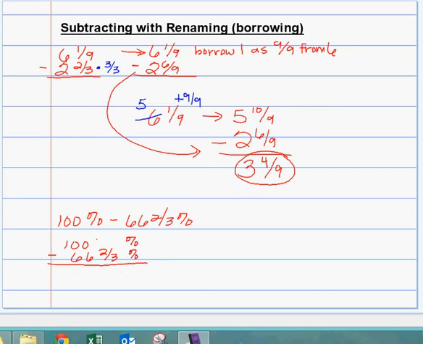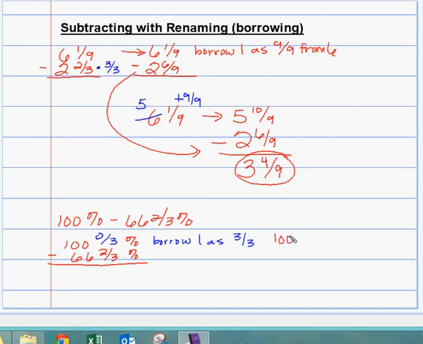Again, I need to borrow because I cannot subtract 2/3 from nothing. There is nothing there, right? If I were to represent that, it would be 0/3. There aren't any. So I need to borrow 1 as 3/3. Now, as you're doing this part of the problem, you won't need to write that down. You won't need to write, I'm borrowing 1 as 3/3 on your paper. But you need to remember that that's what you're doing, because if you don't, you'll make a mistake.